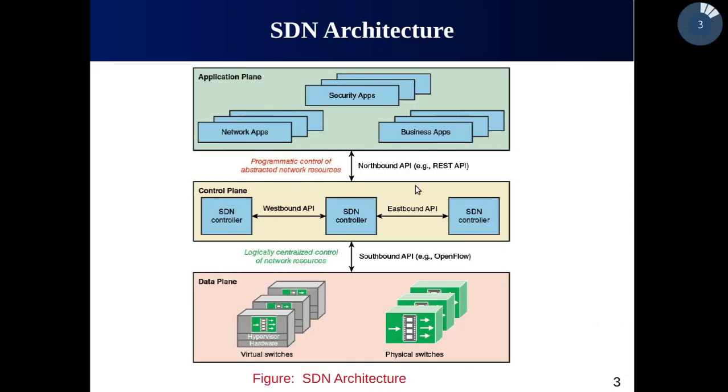So first, let us review the SDN architecture. In the previous lecture, we studied about the data plane of the SDN architecture. We studied about the switches, their components, their APIs, their functionalities, etc. Today we are going to focus on the second plane or the second layer, that is the control plane.